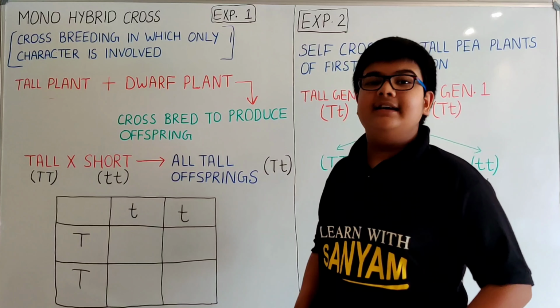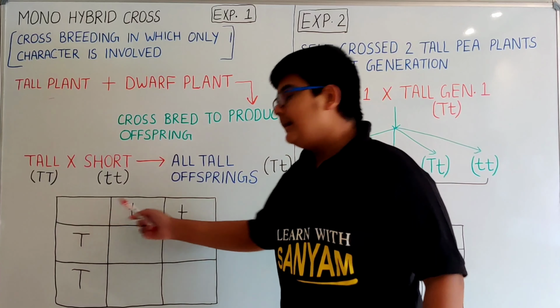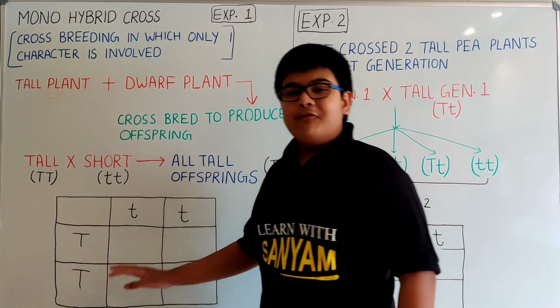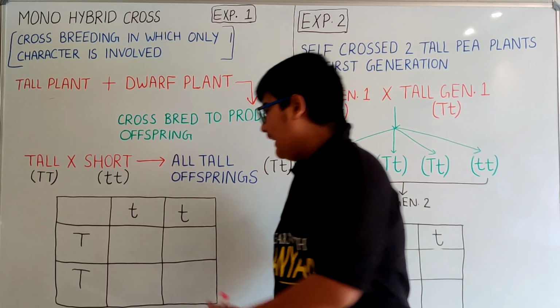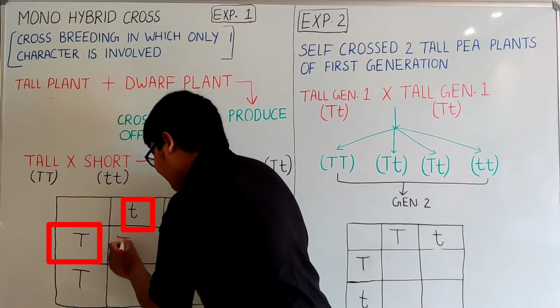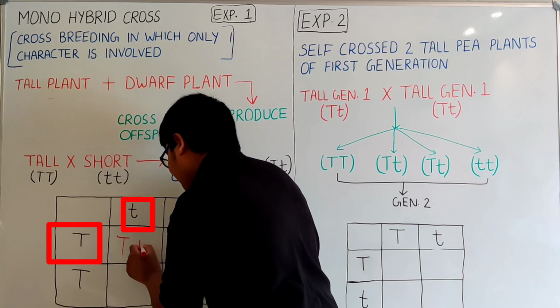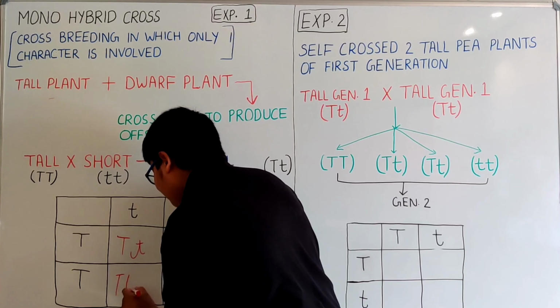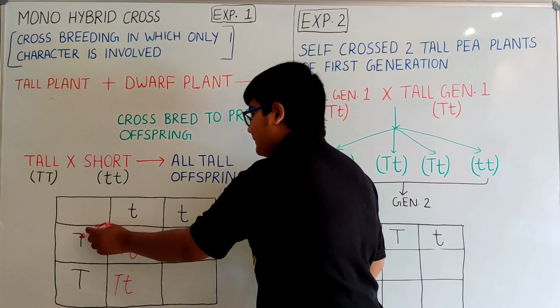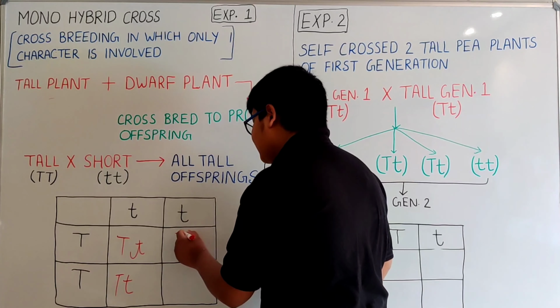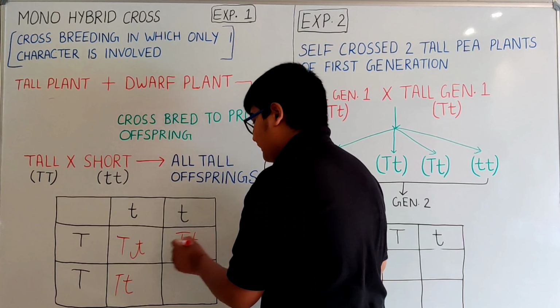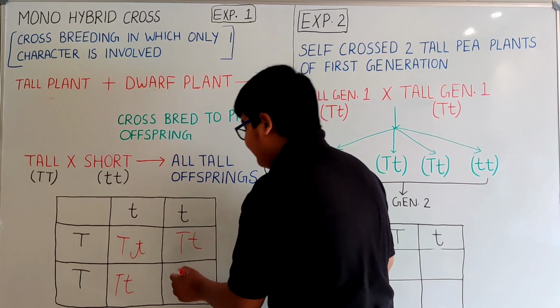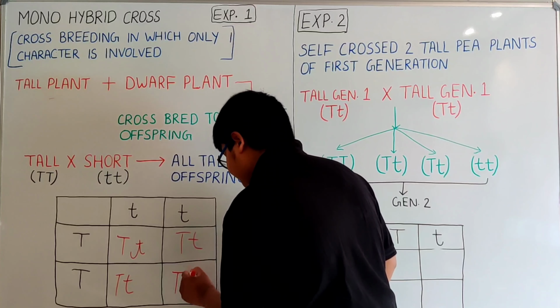Let's understand this by making a table. Four offspring will be produced, and the first offspring will have capital T, small t. The second offspring will also have capital T, small t. The third offspring will have capital T, small t, and the fourth offspring will also have capital T, small t.